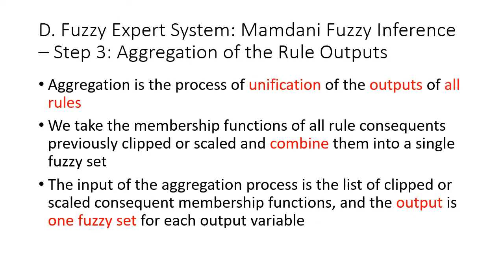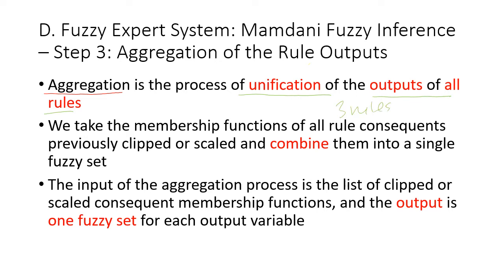The third step in Mamdani Fuzzy Inference is aggregation of the rule output. So aggregation, like its name implies, is the process of unification. So what we are unifying is basically the result or the output of all rules. So in our current example, we have 3 rules, so we need to combine the output of all 3 rules.